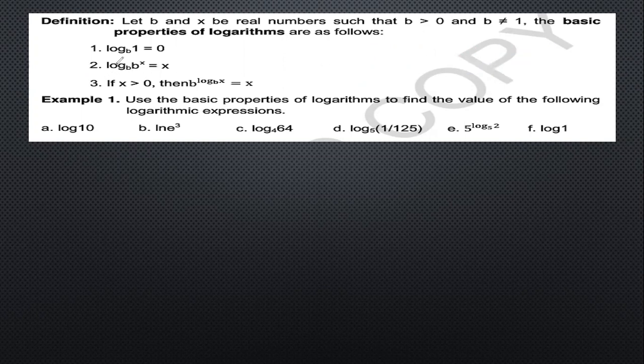The next property: the logarithm of b to the power of x into the same base b. This b and this b are the same. If these two are the same number, automatically the answer is your exponent. Why is it possible? Because if you rewrite this logarithmic form into exponential form, first you copy b to the power of x, whatever is written here, your base b, and this x becomes your exponent.